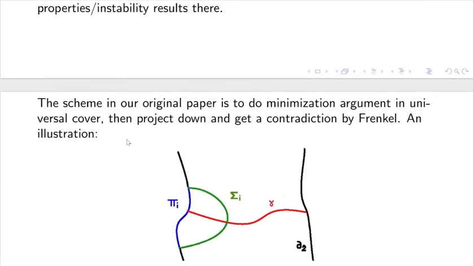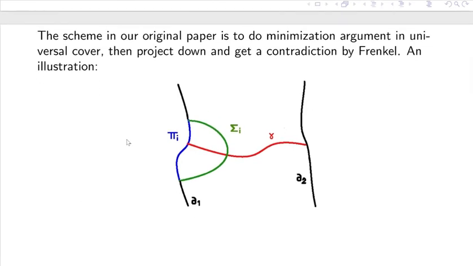Right. So the scheme in our original paper is to do a minimization argument in the universal cover and then project it down and then say, well, we get a contradiction by Frankl. So suppose that there's two boundary components. Let's suppose that this is the universal cover of an interior, say, or an exterior.